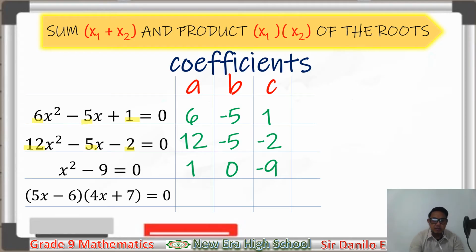In this equation, we will apply yung ating FOIL method. So, we're going to multiply this one. 5x times 4x, that's 20x squared.